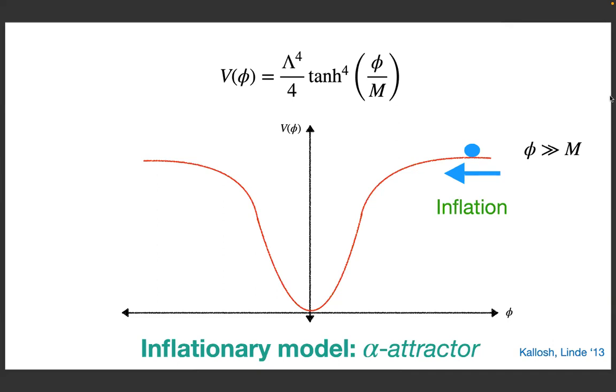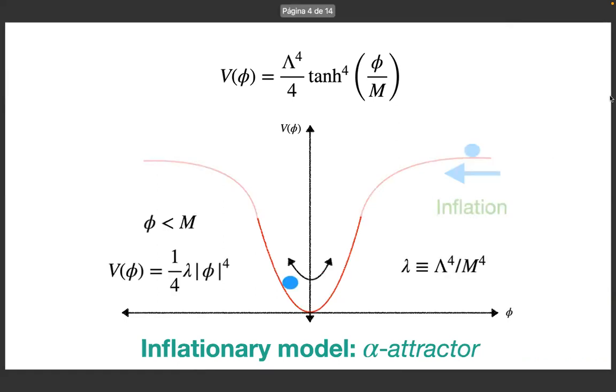And as the field value decreases, it will start rolling down to the vacuum of the potential, the steady state energy state. Once we reach this vacuum state, the inflaton will start oscillating, as we already know. This will introduce a nice phenomenology.